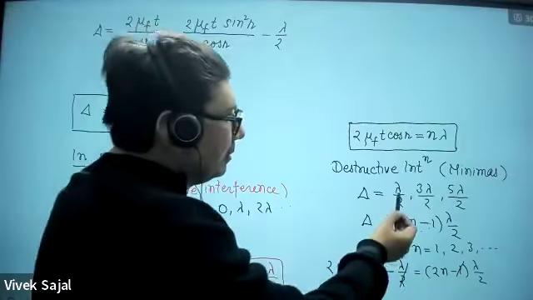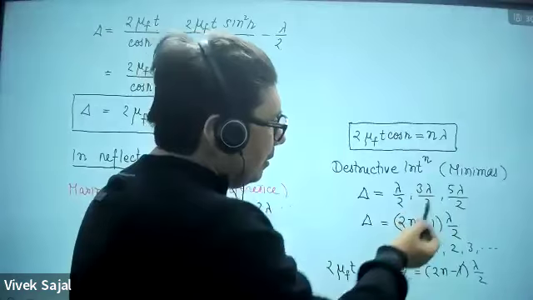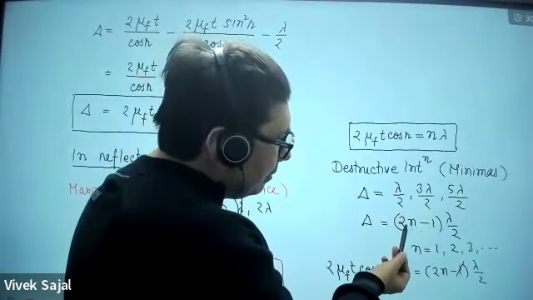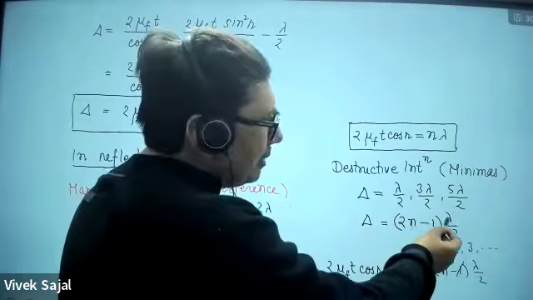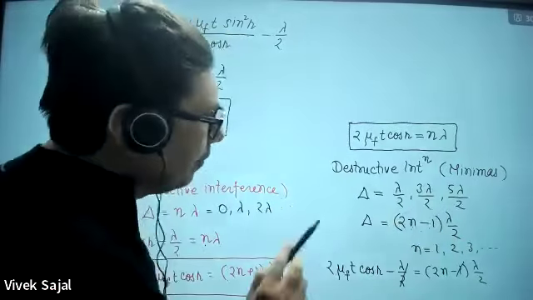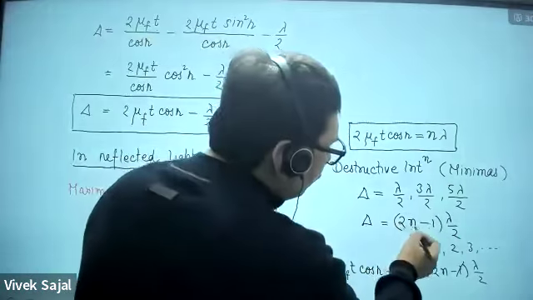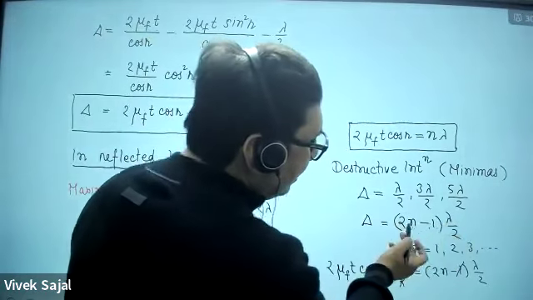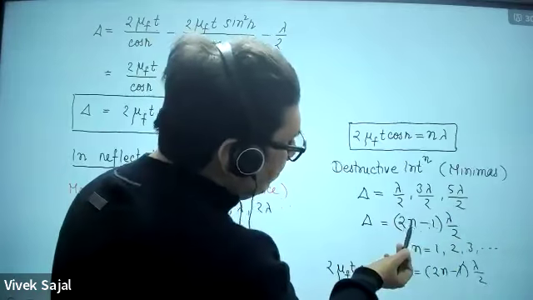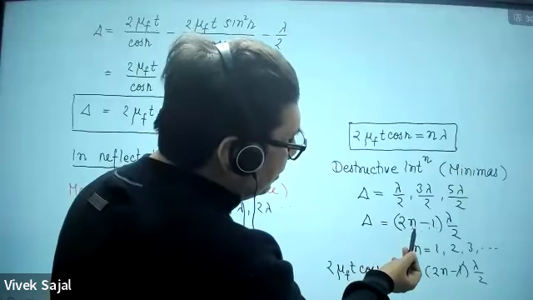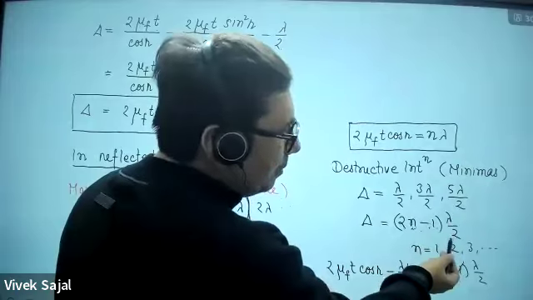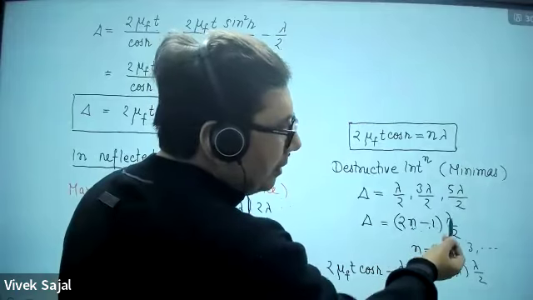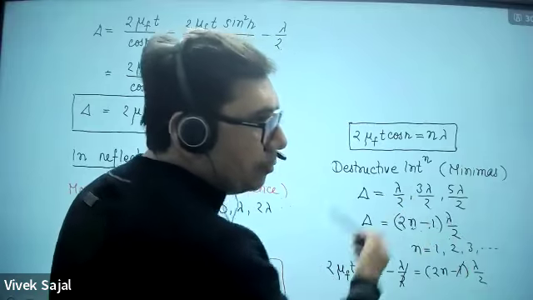But here this is lambda by 2, 3 lambda by 2. So I'm not writing 2n plus 1 lambda by 2 because I want to cancel out this lambda by 2. So I rewrite this formula as (2n minus 1) lambda by 2. But when I'm writing this formula, remember this n will be 1. If you substitute 1 here, this will be 2 minus 1 into lambda by 2, which is lambda by 2, the first term you get.